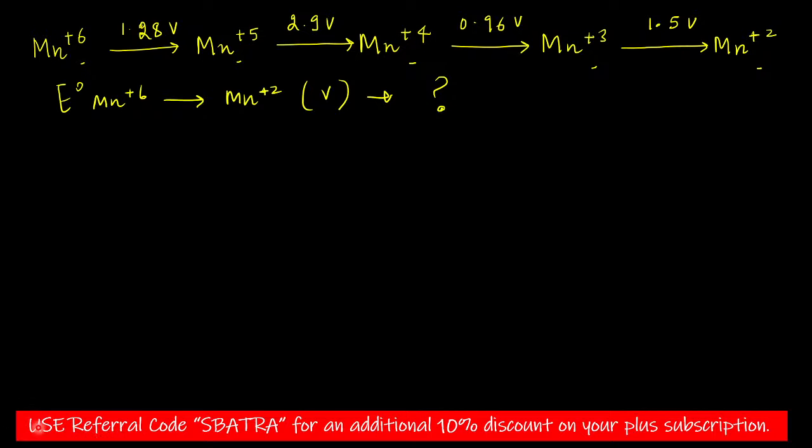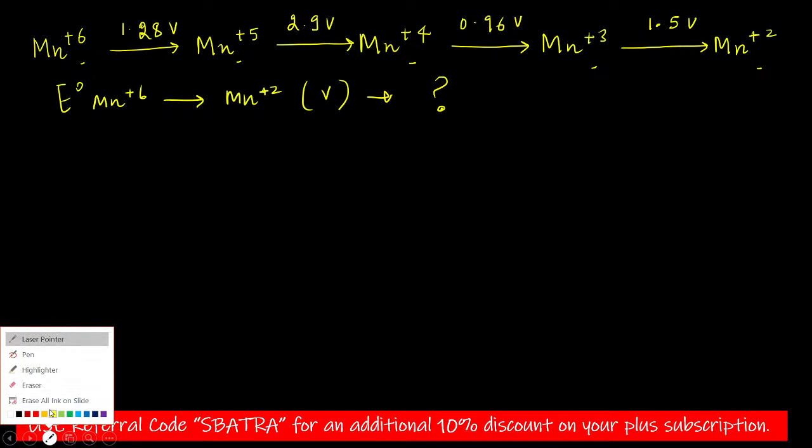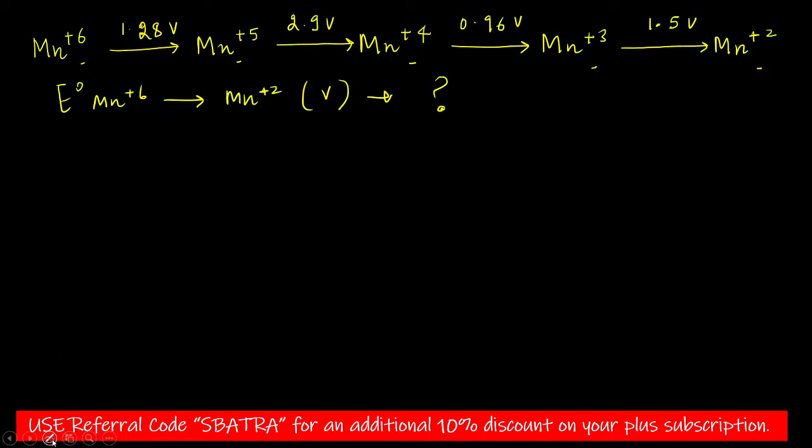So let's solve this question. How do we solve it? In this particular question, it's nothing but Latimer's diagram. First of all, we have to find Mn6+ to Mn2+ in volts. I can make pairs. E naught of Mn+6 to Mn+5 is 1.28 volts.